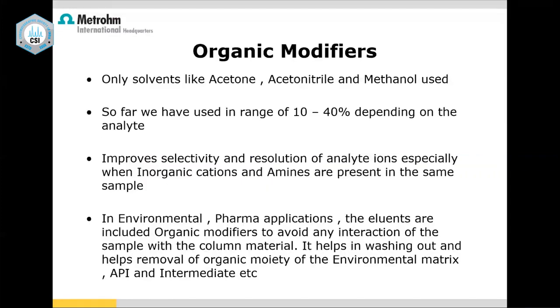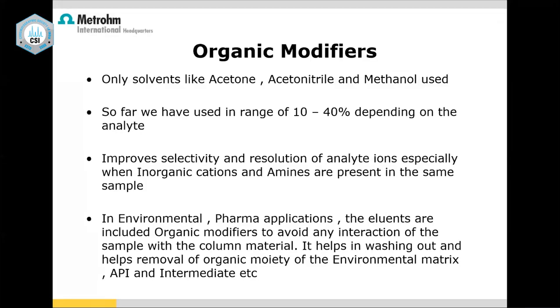I said earlier that we can also use solvents like acetone, acetonitrile, and methanol. We don't use them at 100% because we cannot achieve separation, but we normally use 10% or 12%, and at maximum we have used up to 40%, depending on the analyte. Depending on the type of column, this helps in improving the selectivity, especially when we do cation analysis along with amines.